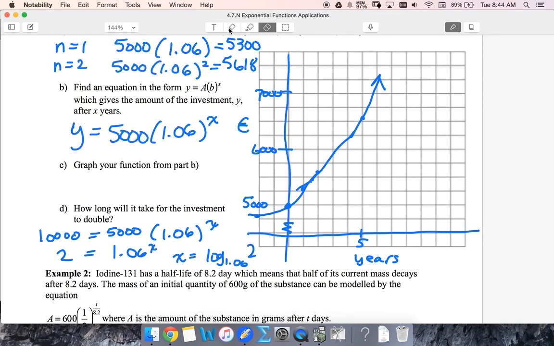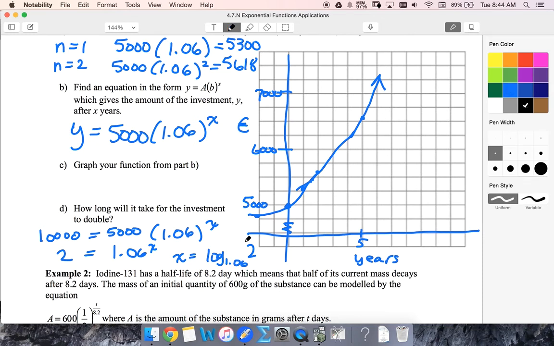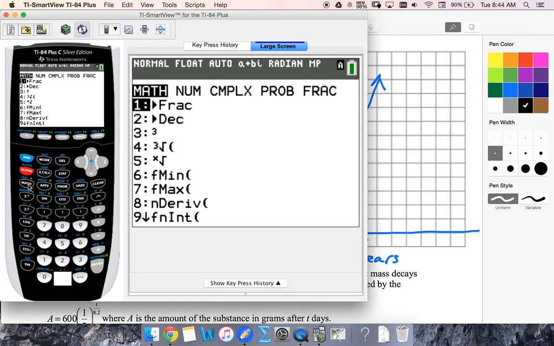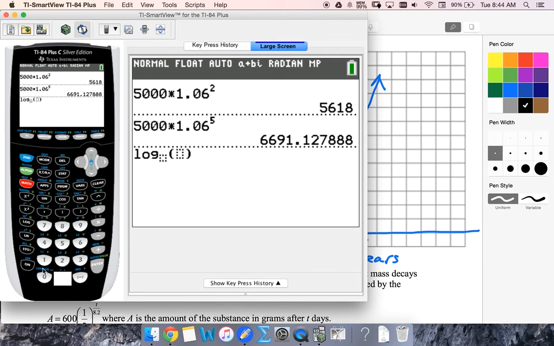So here we have to think about years. We're only getting money at the end of the year. So let's see what happens. Math alpha. Math. Log base 1.06 of 2. 11.8 years.